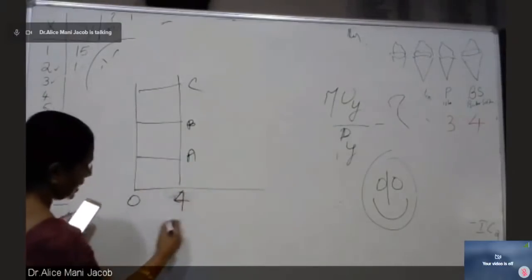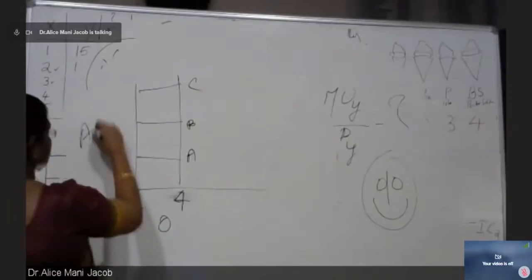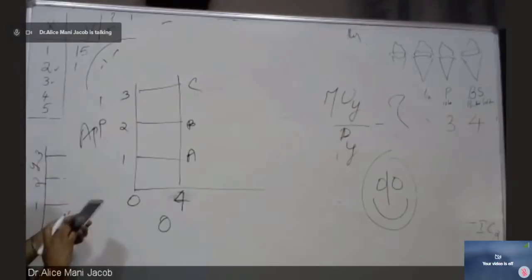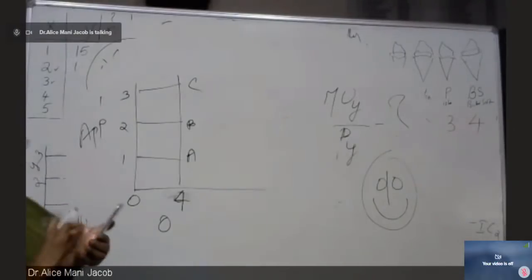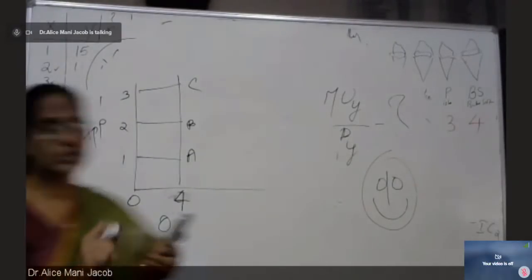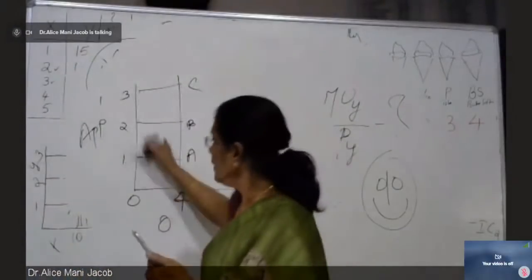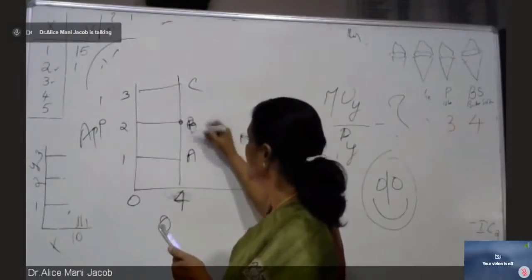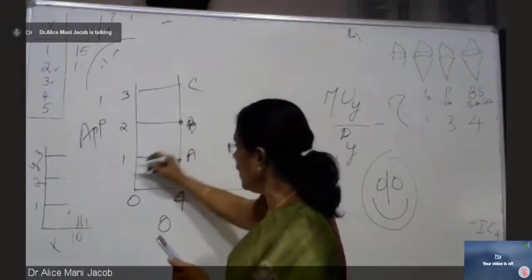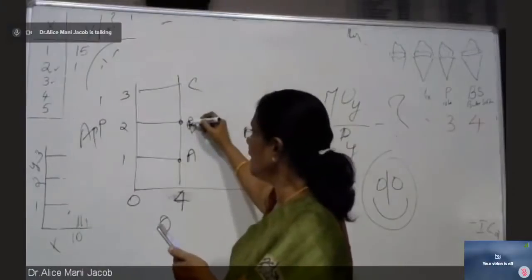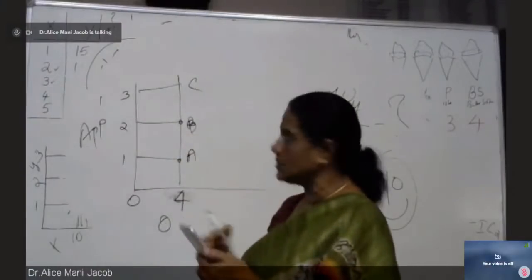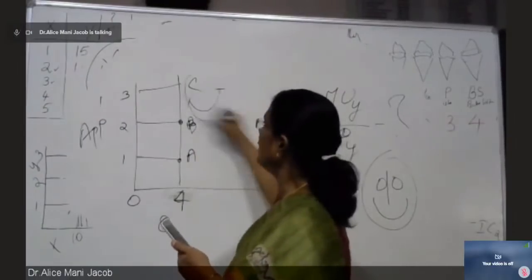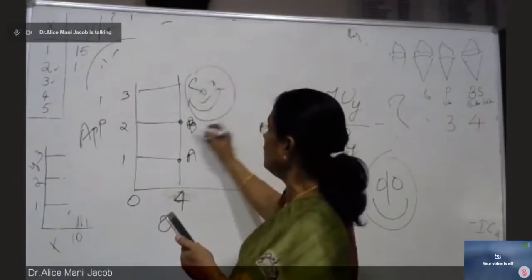Suppose I am eating 4 oranges, and here it is apples, imagine 1 apple, 2 apples, 3 apples. Point A is 4 oranges and 1 apple, which gives me a level of satisfaction. Here B is 4 oranges and 2 apples. Don't you think at B, I will be happier? Eating the B combination, I will be happier.